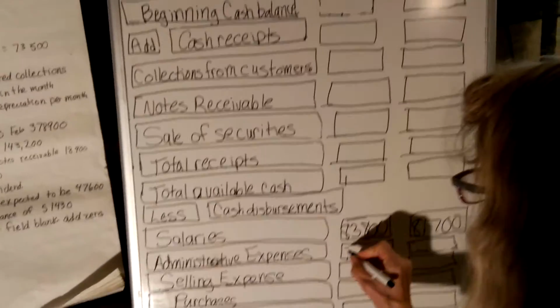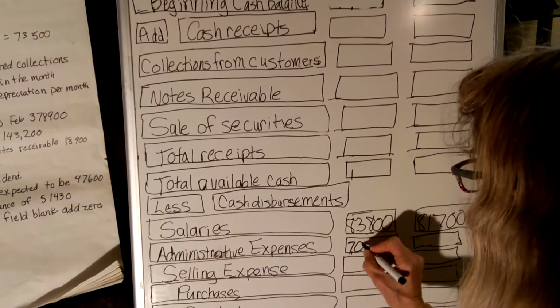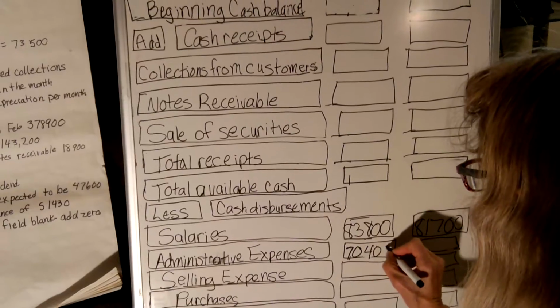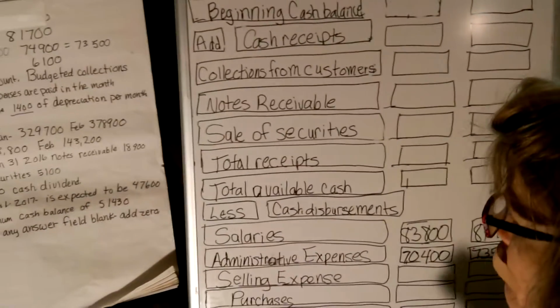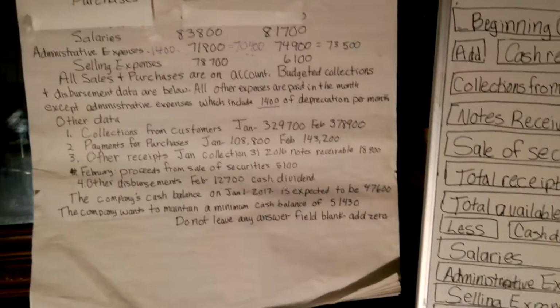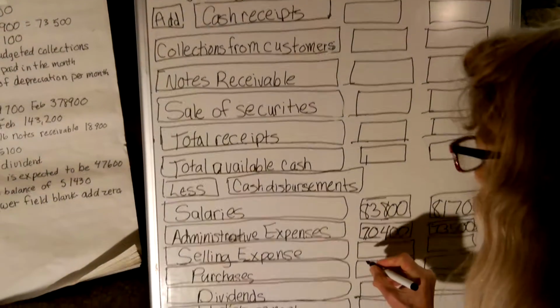We're going to put those under administrative expenses. Then we go to the next one, which is selling expenses. Selling expenses is $78,700 and $6,100, and selling expenses is right here.